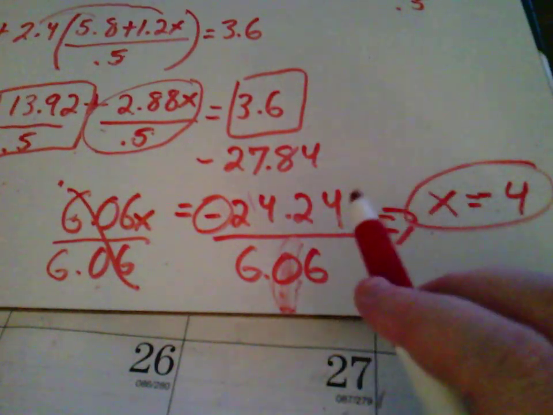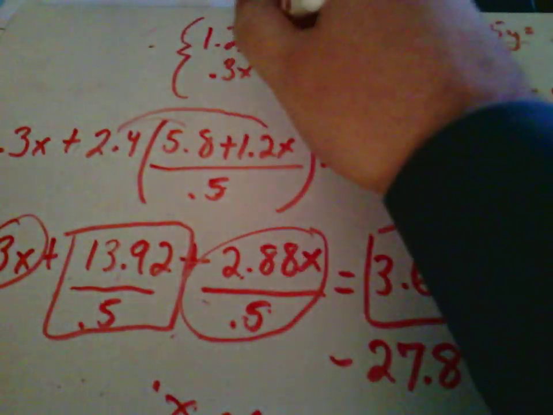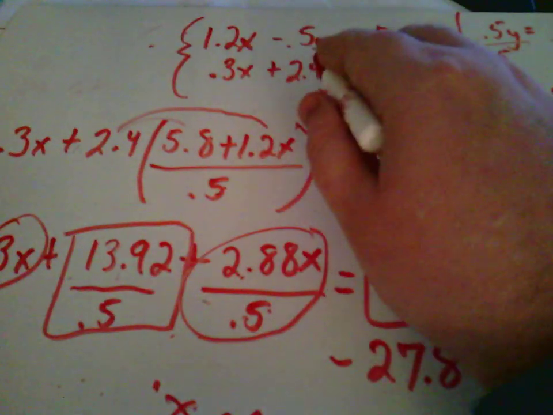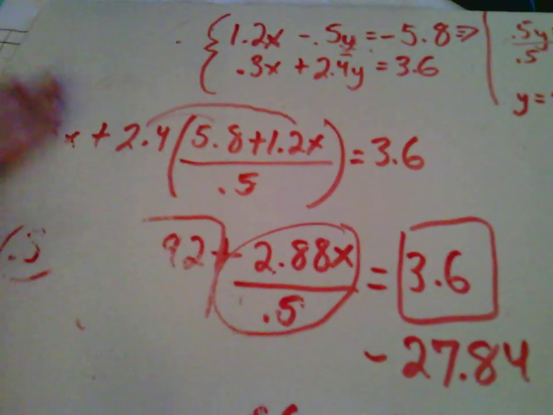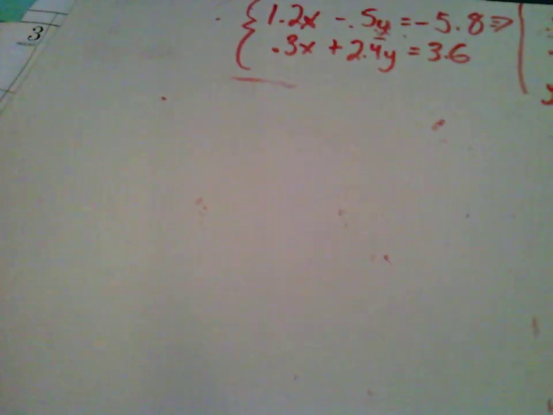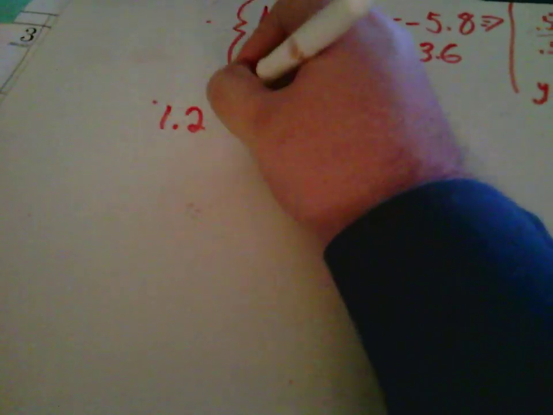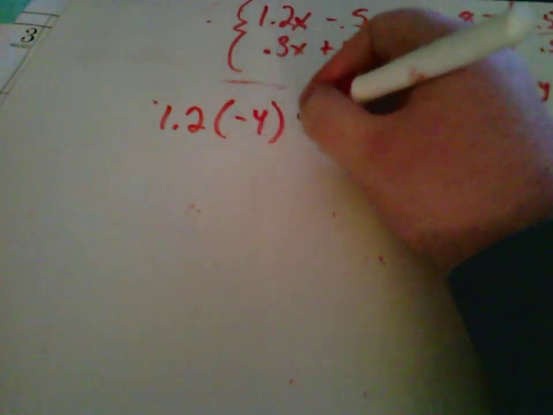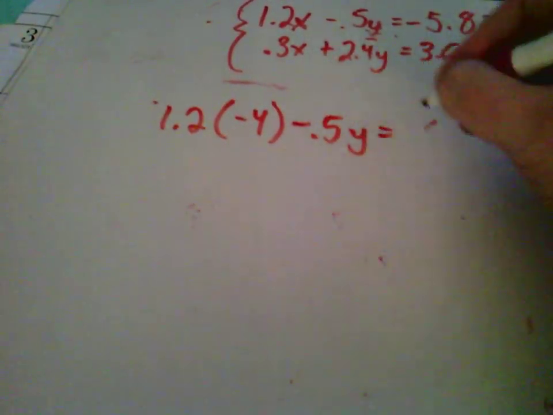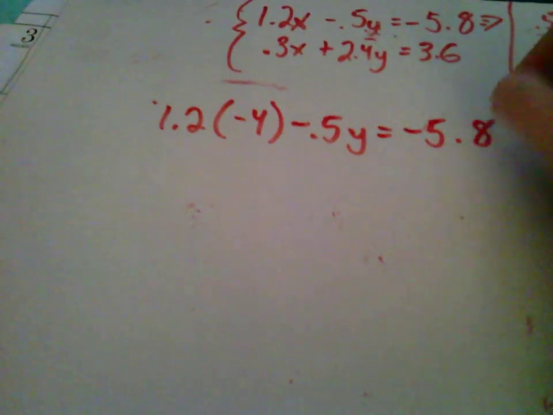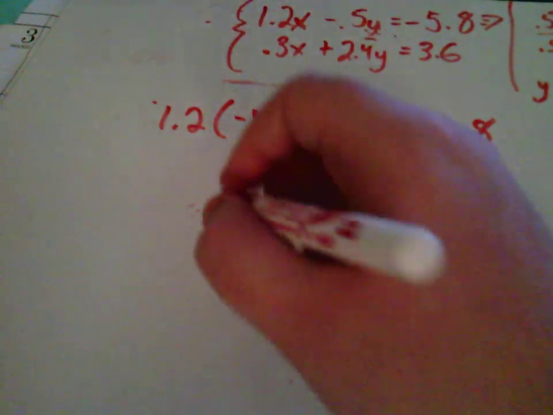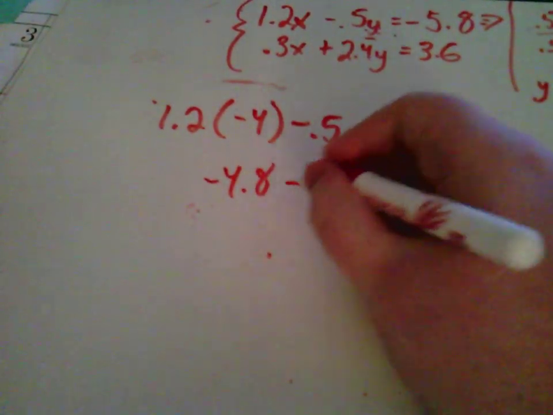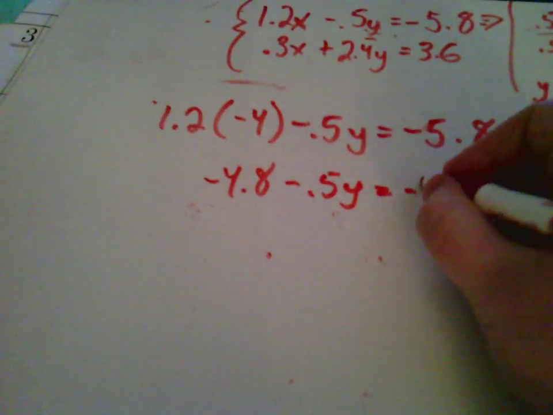We should be able to plug negative 4 into both of these equations for x, and we should be able to come out with the same answer for y. Let's start that now. I'm going to erase everything here. 1.2 times negative 4, which is x, minus 0.5y equals negative 5.8. 1.2 times negative 4 is negative 4.8, minus 0.5y equals negative 5.8.